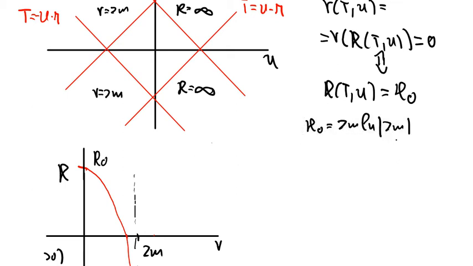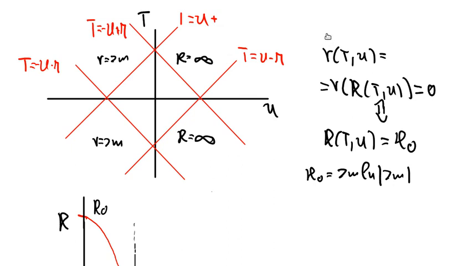Okay, and since we have the explicit expression of big R, we only have to study the graph of this function.